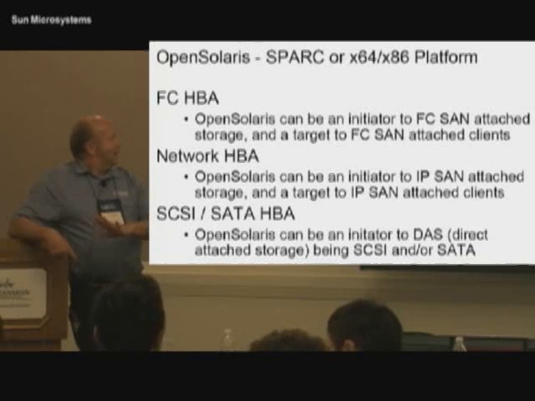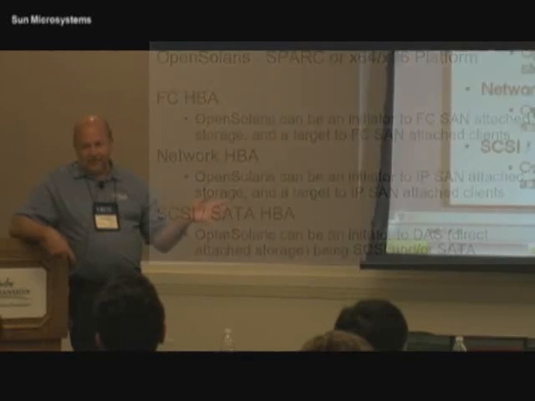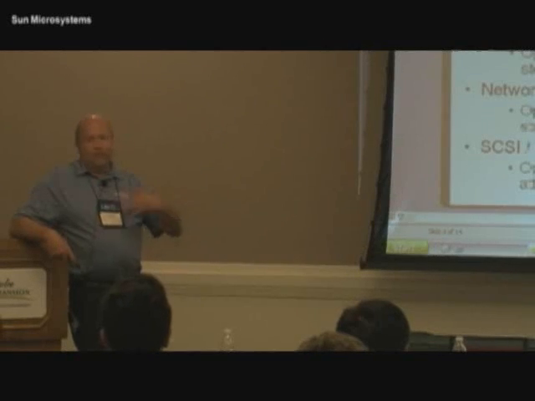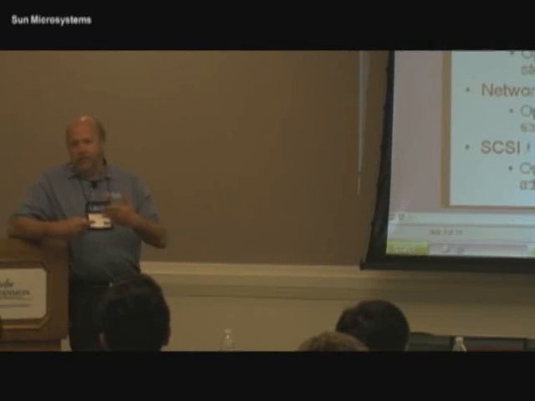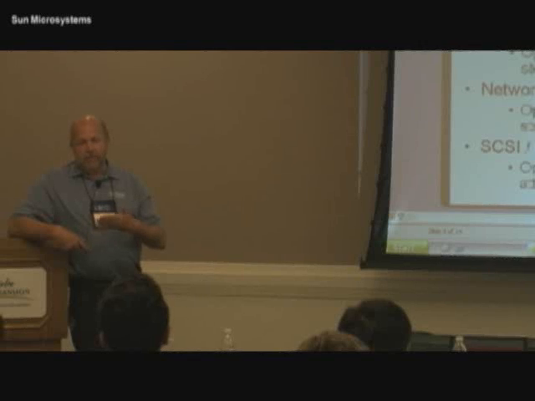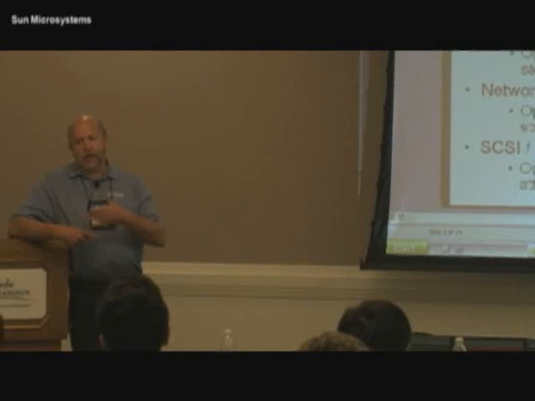Specifically to these slide decks, Fibre Channel is not my expertise. Actually, iSCSI is what I do. But I do know about the Fibre Channel stuff because that's part of the overall organization. But you really have to have a Fibre Channel capable HBA that can support both being an initiator and a target at the same time. If not, then you have to have both initiator and target HBAs.